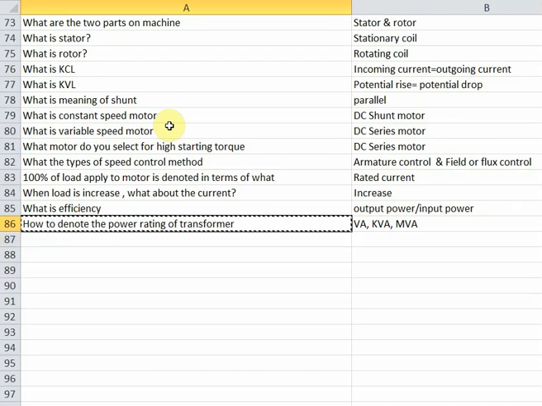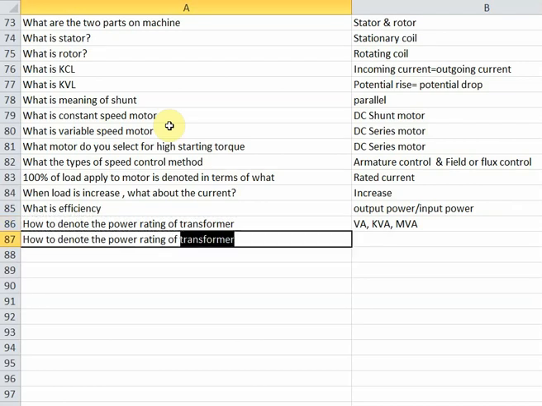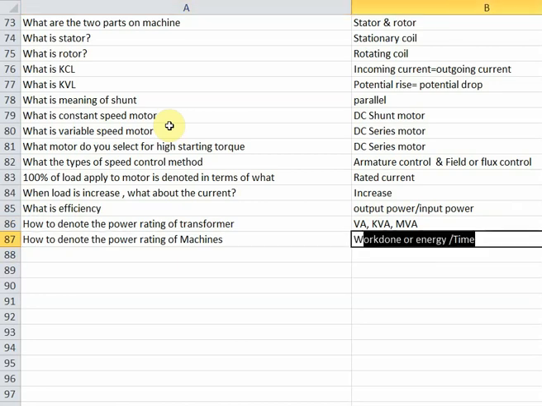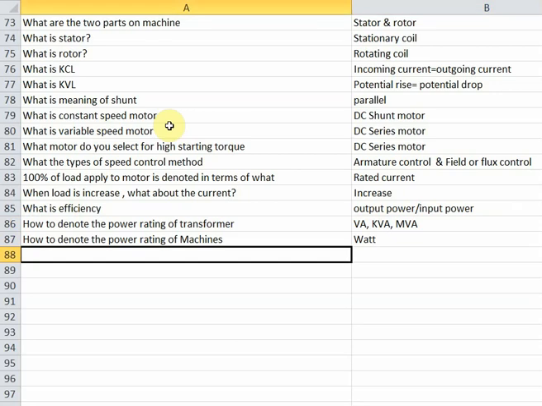How do we denote the power rating of machines? Machines, either motor or generator, watt. It will be denoted in watts, so 10 kilowatt or 100 kilowatt.